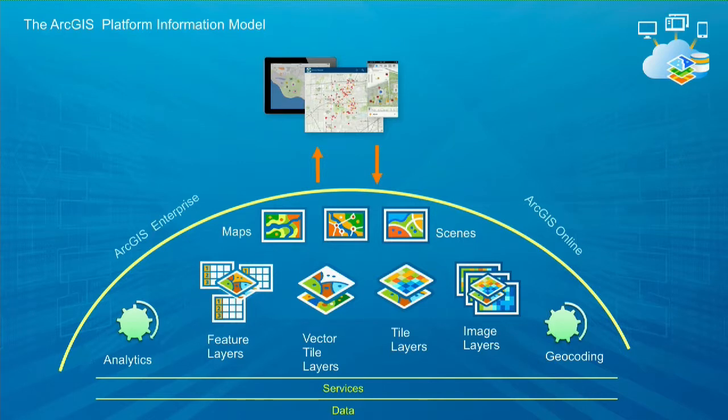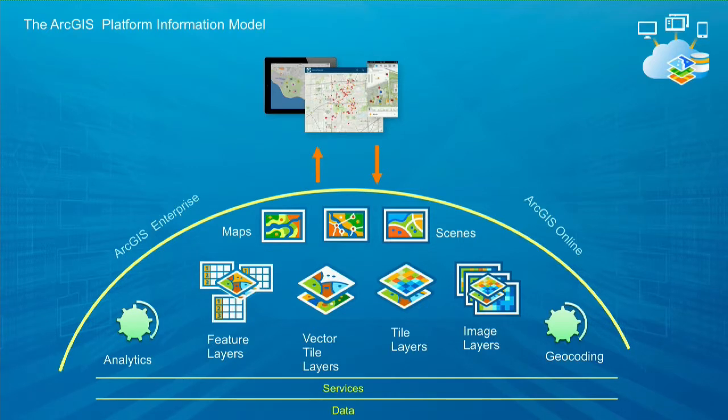When we work with data, when we work with the runtime, there are two kinds of patterns that we talk about for offline usage. There's a services pattern and there's a desktop pattern. Both of these patterns leverage the power of the ArcGIS platform to be able to support creating data and providing data to the runtime to use it.